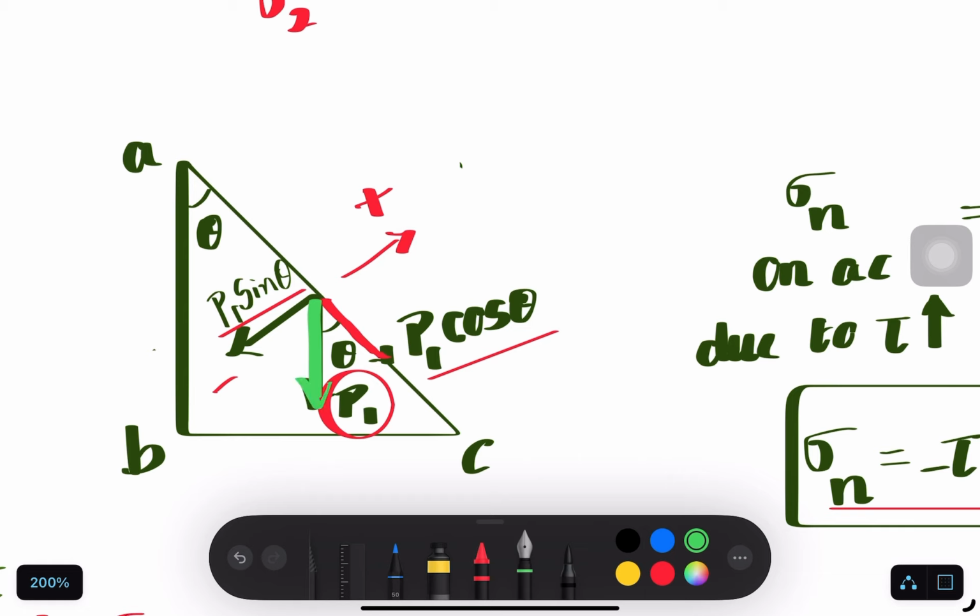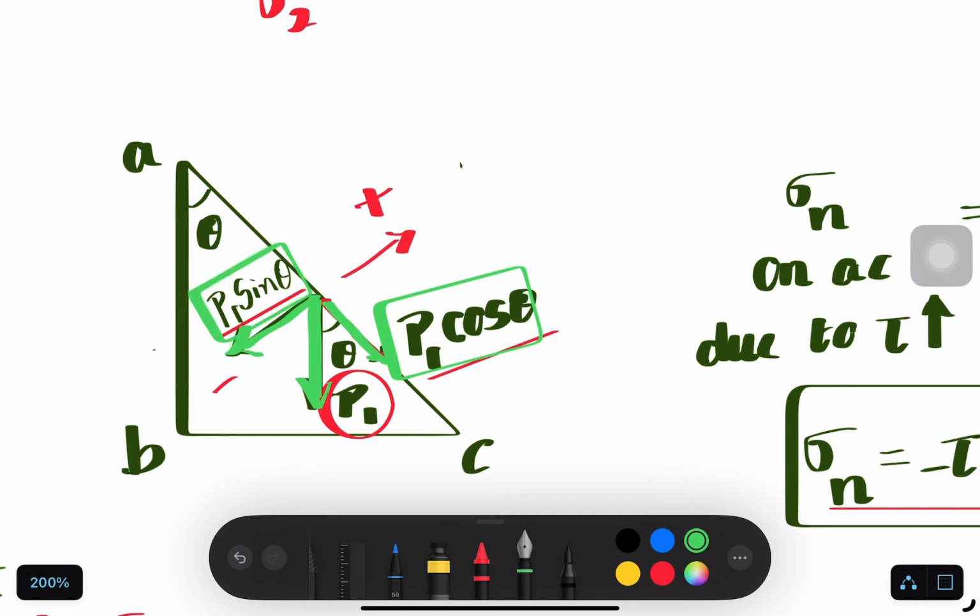That is P1. And you could see that this load P1 can be resolved into two components. One is the component tangential to the inclined plane, this particular component, and the other is perpendicular to the inclined plane, this particular component. The tangential component is P1 cos theta, and the perpendicular component is P1 sin theta.